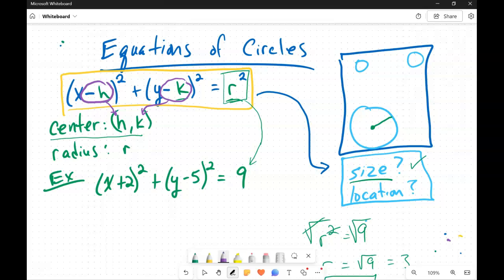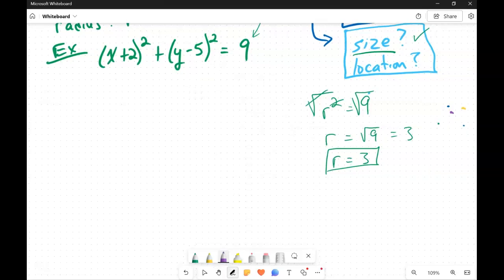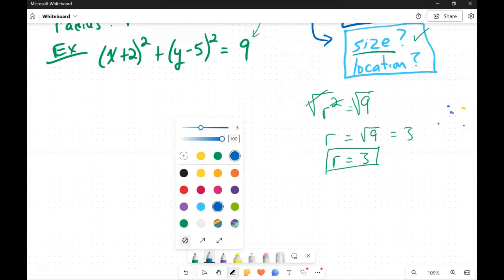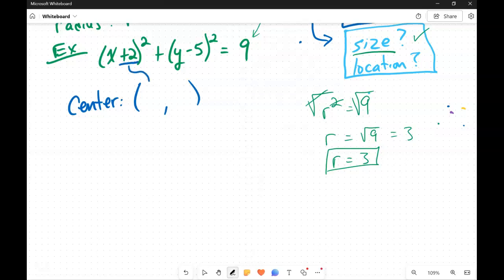So when you're looking at the equation, the center's location will be the opposite of the number inside the parentheses. So the center of this circle will be located where we take the opposite of this number, which is −2, and the opposite here, which is +5. And now we know the location of this circle.